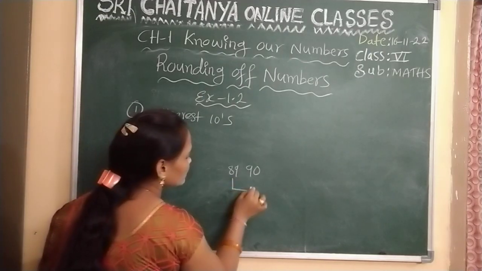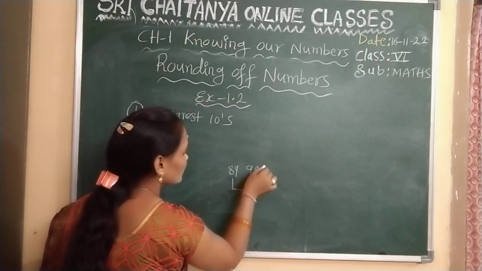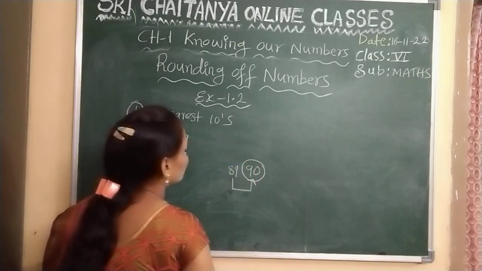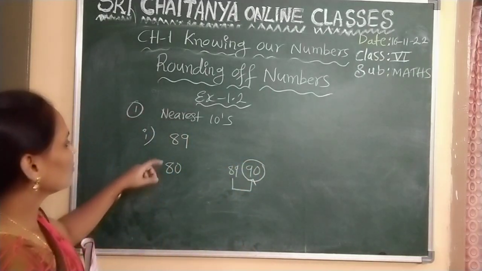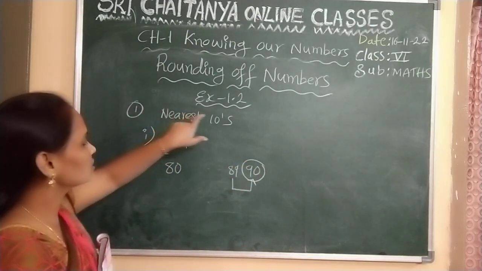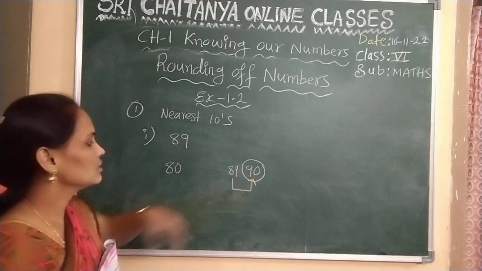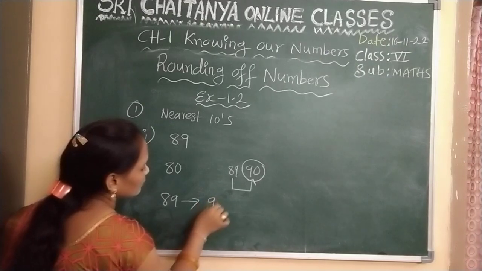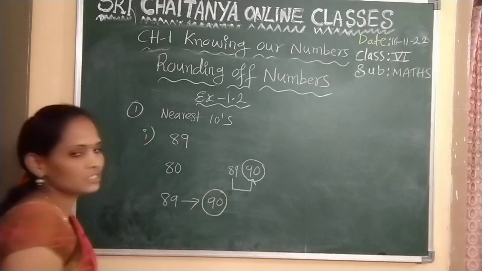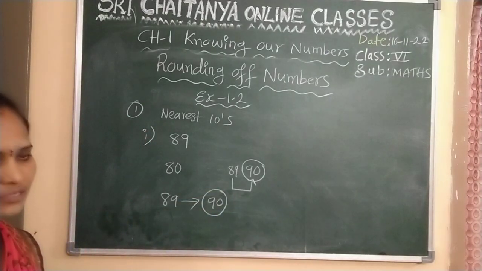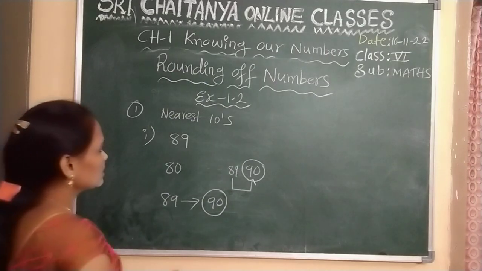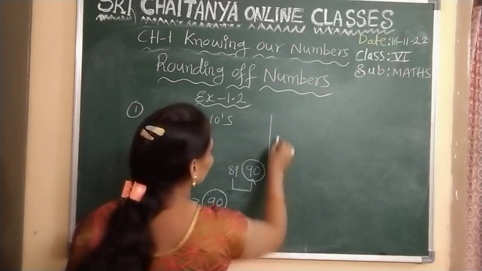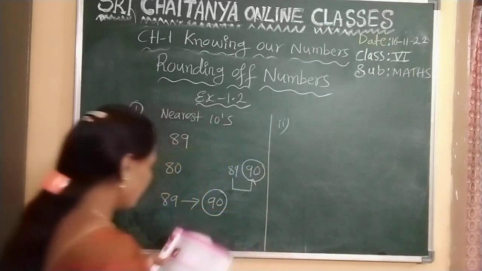So we can consider the rounding of number as 90. So the rounding of 89 to its nearest tens is 90. We can write it as: 89, rounding of number is 90, its nearest tens.